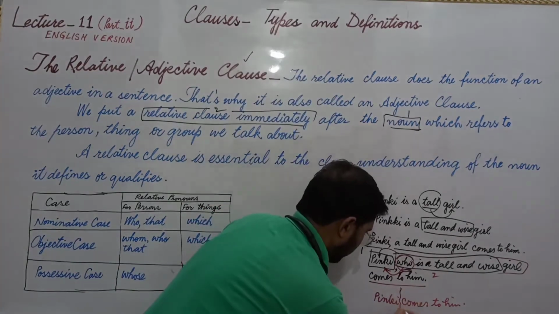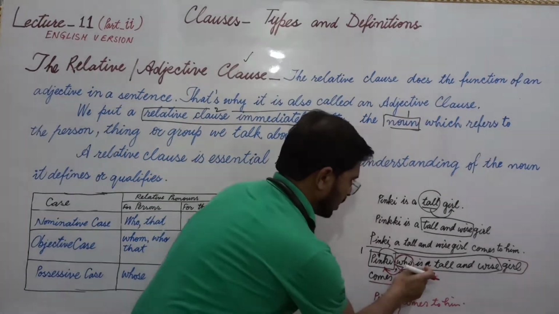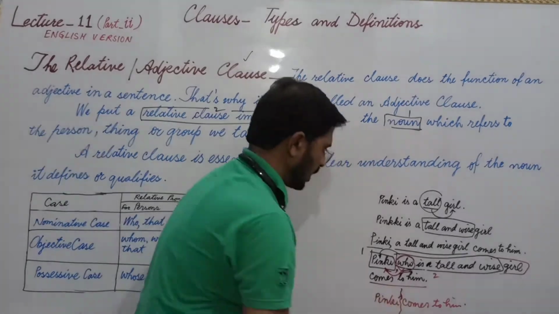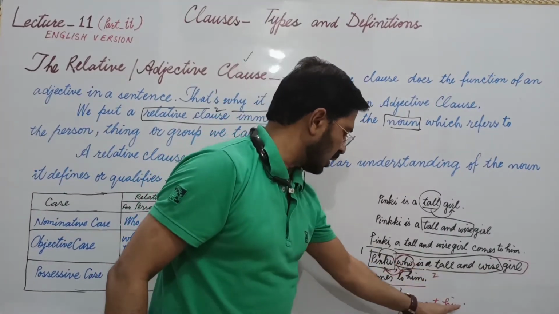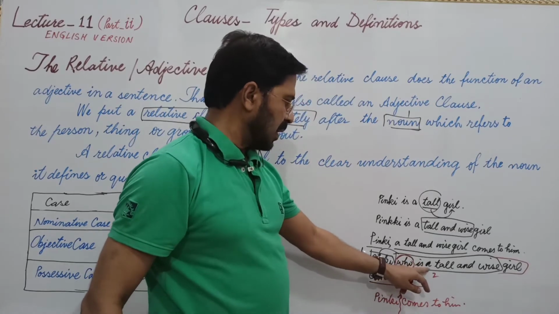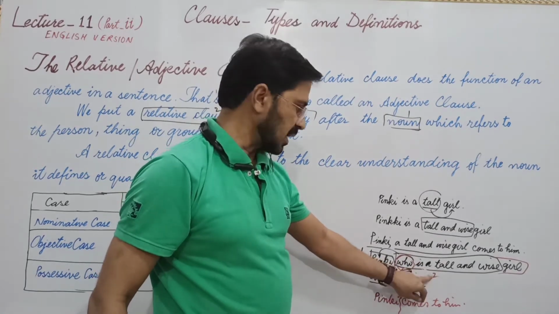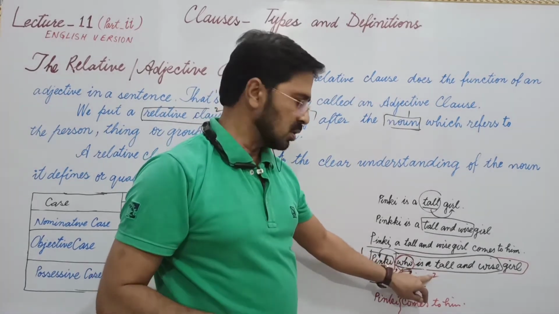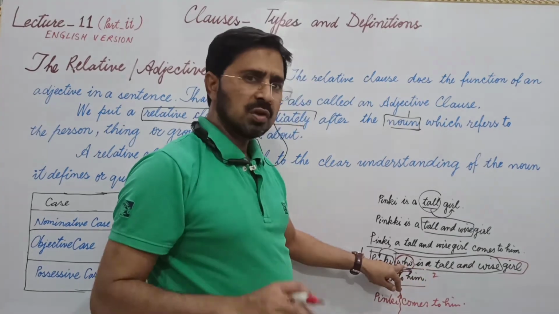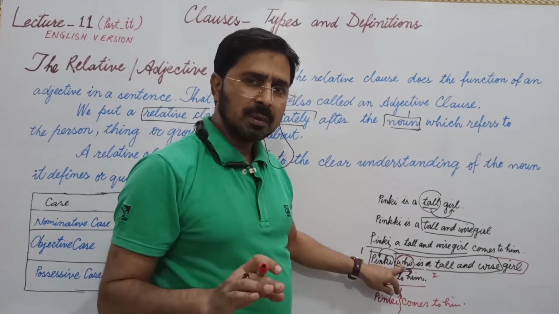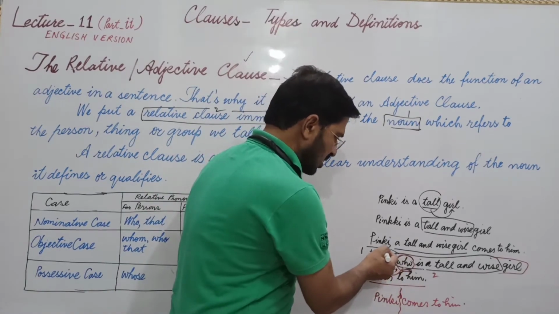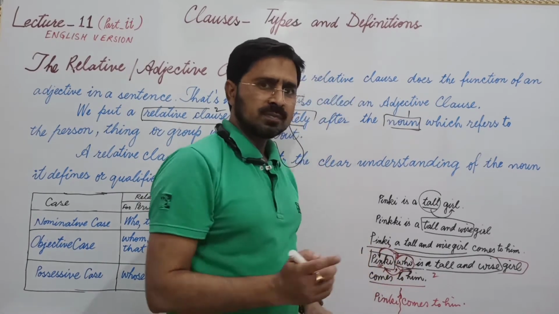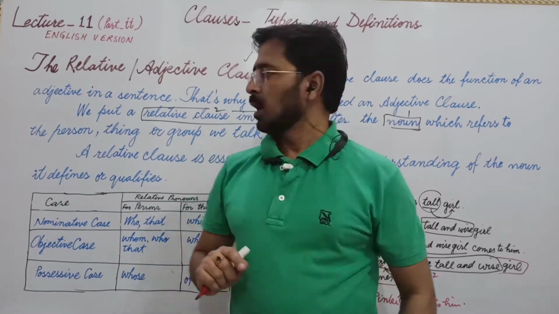But if I break from here and I put this box at this place, Pinky, who is a tall and wise girl, comes to him, it will become an adjective clause. An adjective clause is also called a relative clause. And a relative clause begins with a relative pronoun or relative adverb, and the relative pronoun and relative adverb come just after the noun it defines or modifies.